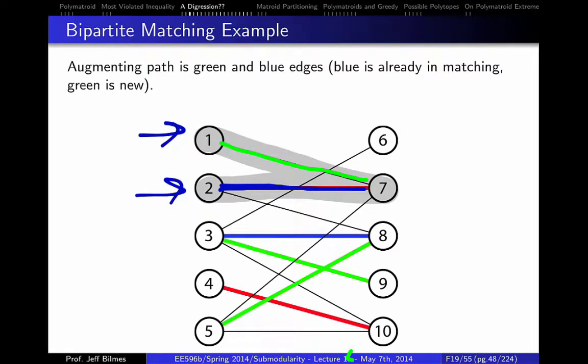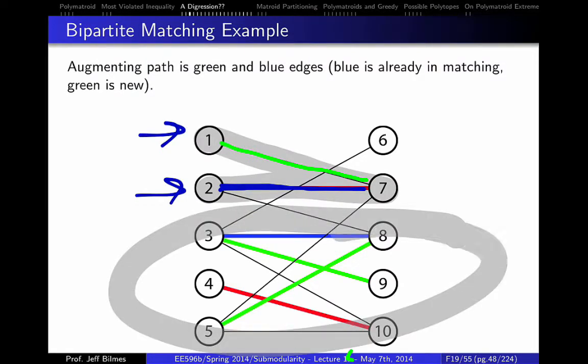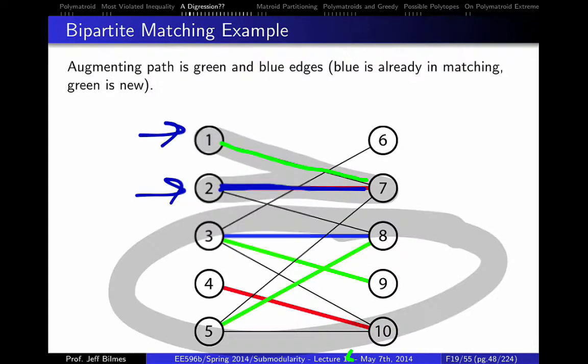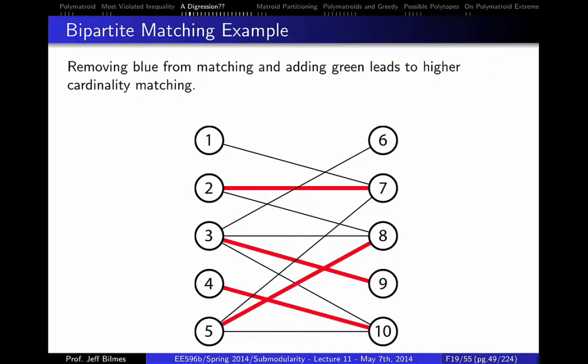Okay, but let's go back to this one now. This is the one that we care about. This is the augmenting path. And then we just say, let's out with the blue, in with the green. We remove the blue, add the green, and because of the augmenting property, what we've got now is a matching, and thanks to the fact that it's an odd length augmenting path, we've got a matching that's bigger.